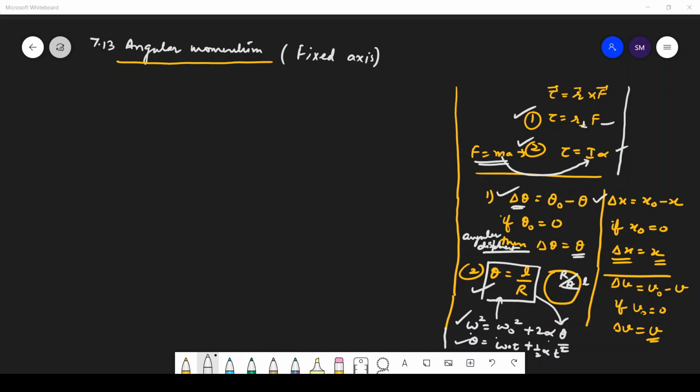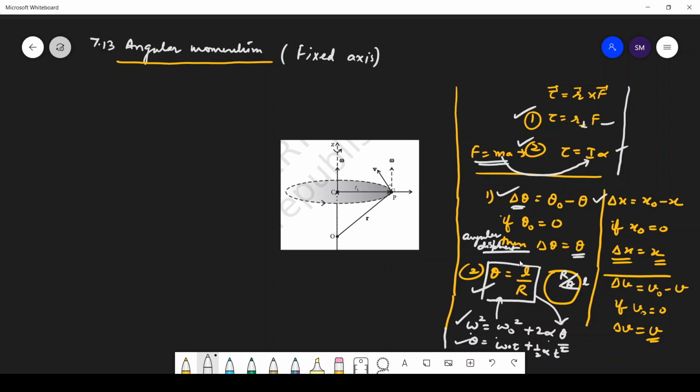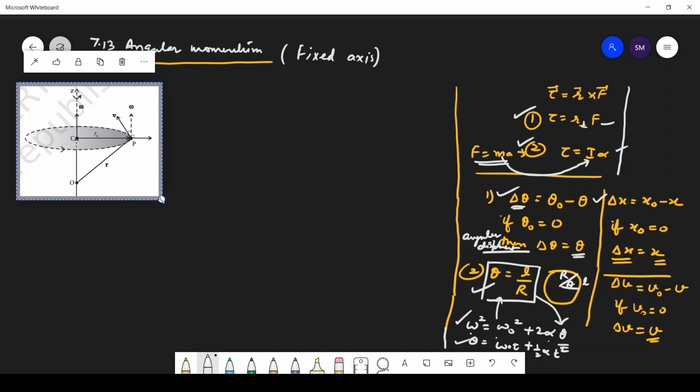7.17b. Okay, so open your NCERT books and you will see the figure 7.17b. So that's your figure 7.17b.